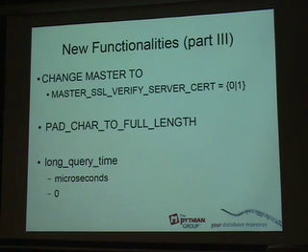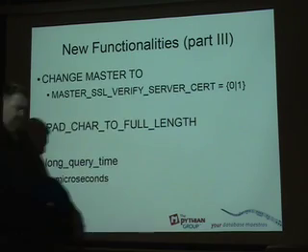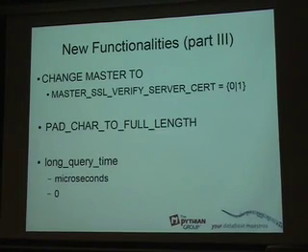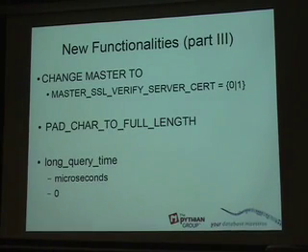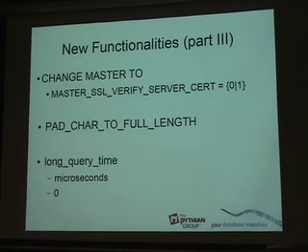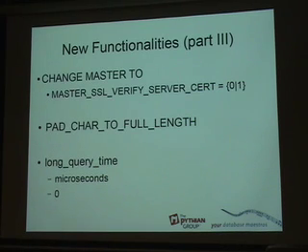Long query time can now be set in microseconds, and you can also set it to 0. Setting this value to 0 causes all queries to be recorded in the slow query log. But MySQL doesn't distinguish when the time period is less than 1 second. So what? I'm guessing in 5.1 it somehow does.